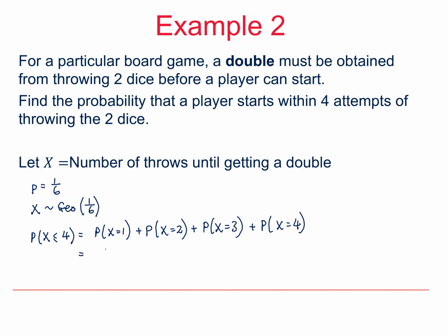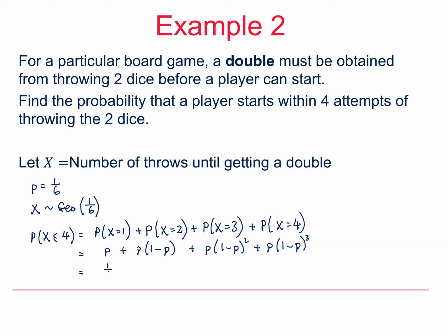In general, that's P plus P times 1 minus P plus P times 1 minus P squared plus P times 1 minus P cubed. You'll see that each term has been multiplied by 1 minus P. So you'll be getting a sense of why this is called the geometric distribution.